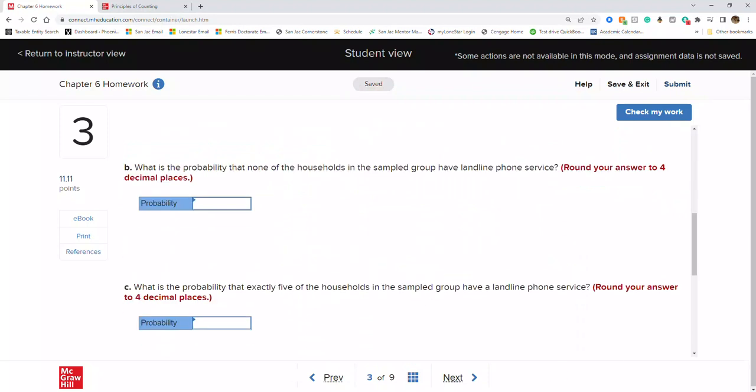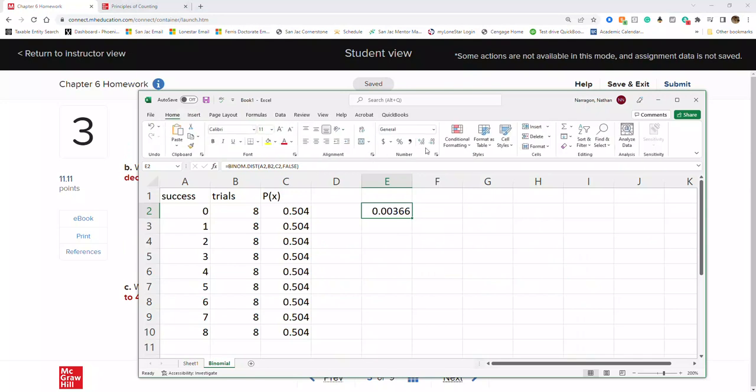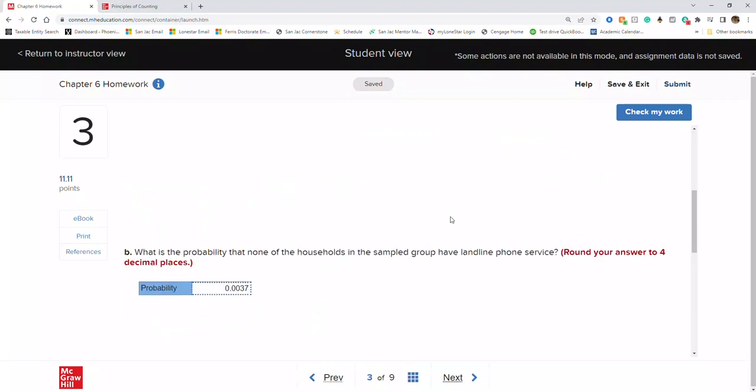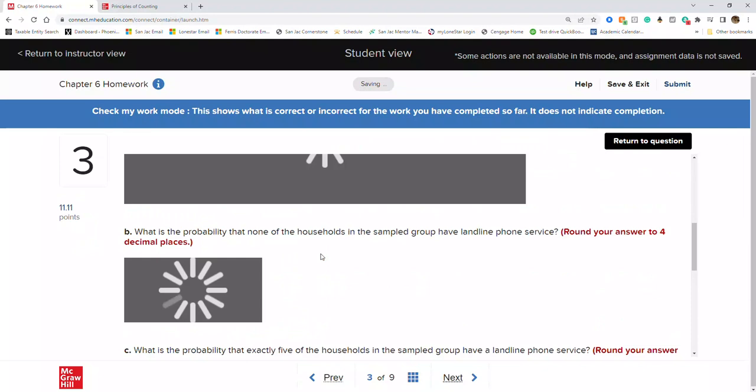It does say 4 decimal places, so we're going to put 4. Back to Home, hit our little 0.00 and get to 4 decimal places. So this is 0.0037. We're going to double check to make sure that our formula is working correctly.